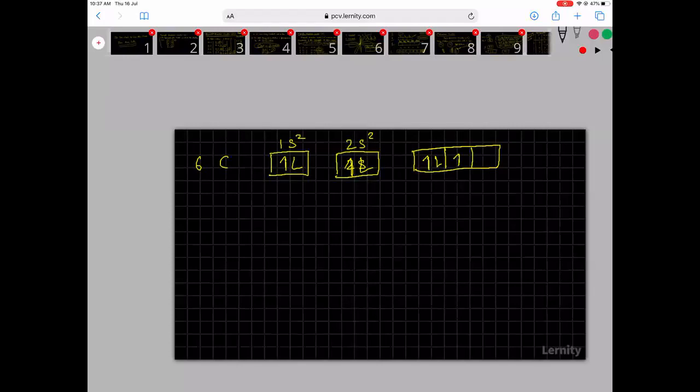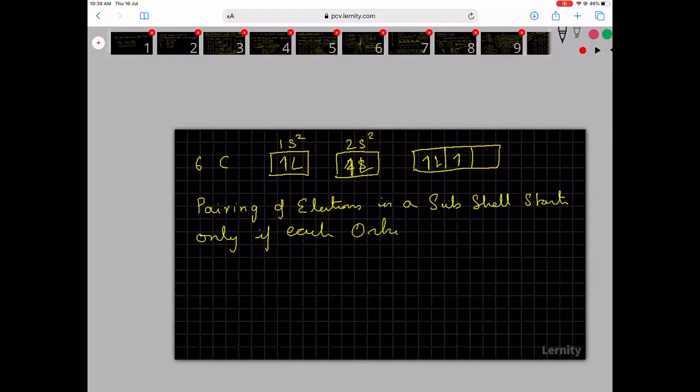According to this rule, pairing of electrons in a subshell starts only if each orbital has 1 electron each.